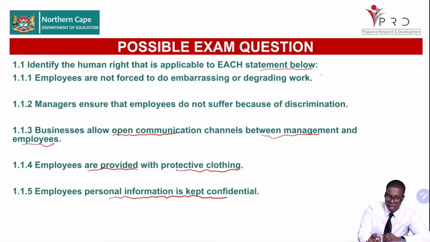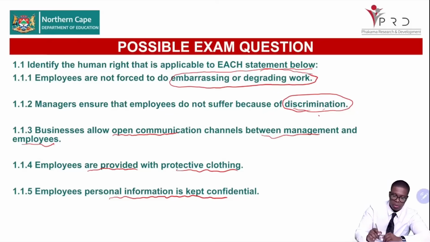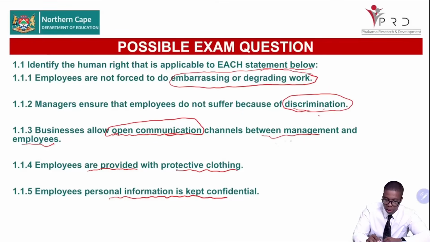Now, let us go and analyze and encircle. The key words for us is degrading or embarrassing work talks to a certain human right. And then when we see the word discrimination, we know it talks to a certain human right. And then when we say it allows open communication between management and employees, it means a certain human right is also applied there.